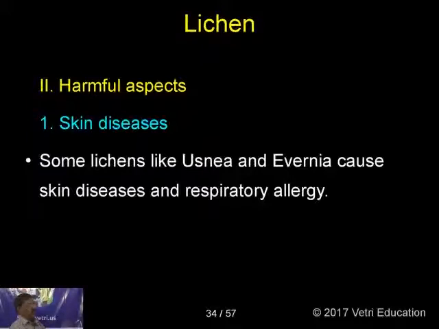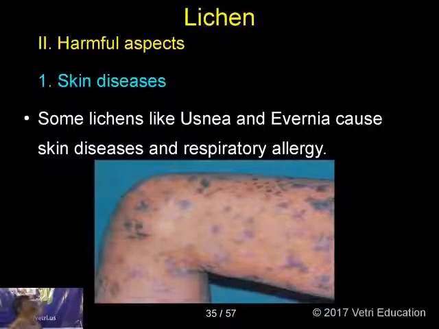Some lichens like Usnea and Evernia cause skin diseases and respiratory allergy, because they produce isidia and soredia, etc. They give some allergy, and also they enter into the nose due to respiration and cause allergy. So these are skin allergies and respiratory allergies.